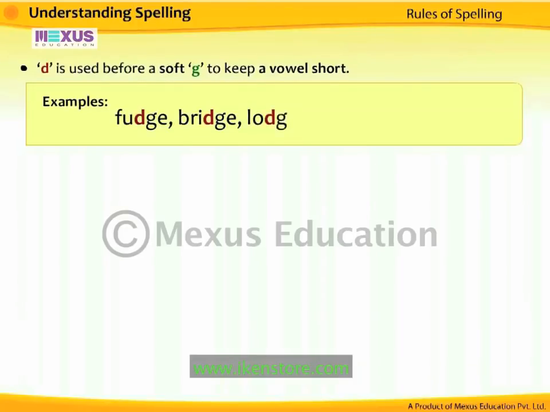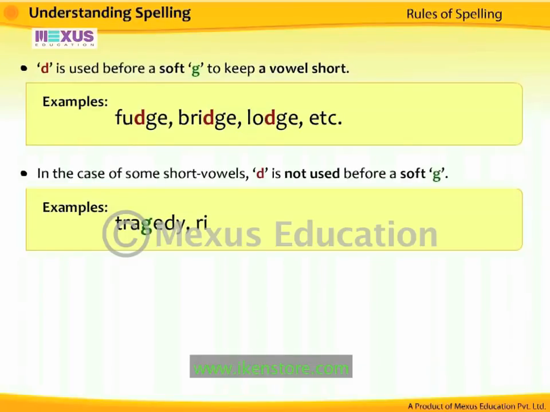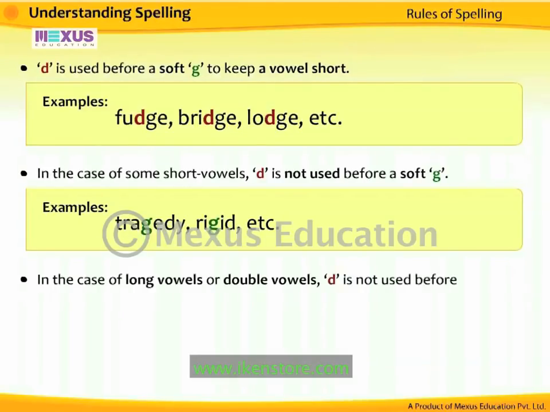L-O-D-G-E, lodge, etc. In the case of some short vowels, D is not used before a soft G. For example, tragedy, rigid, etc.